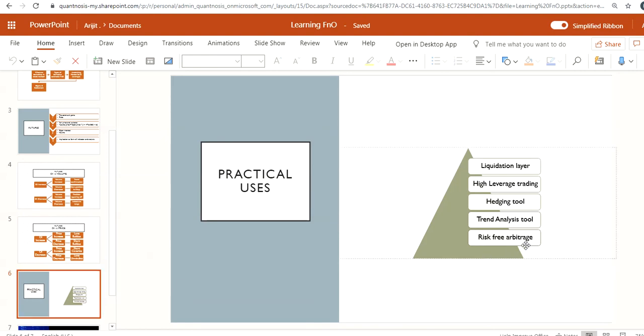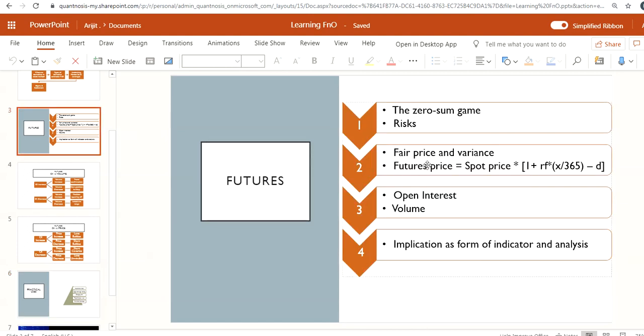There is something interesting called risk-free arbitrage. This is related to something I mentioned in the formula where I said fair price. There could be a time, due to market volatility, when there is a difference between the future fair price and the actual price.